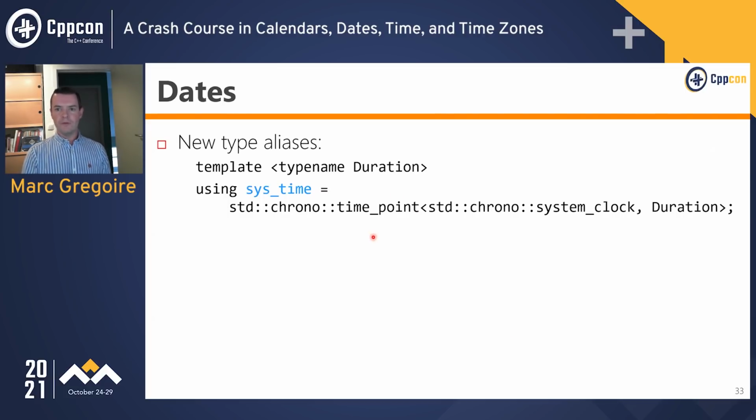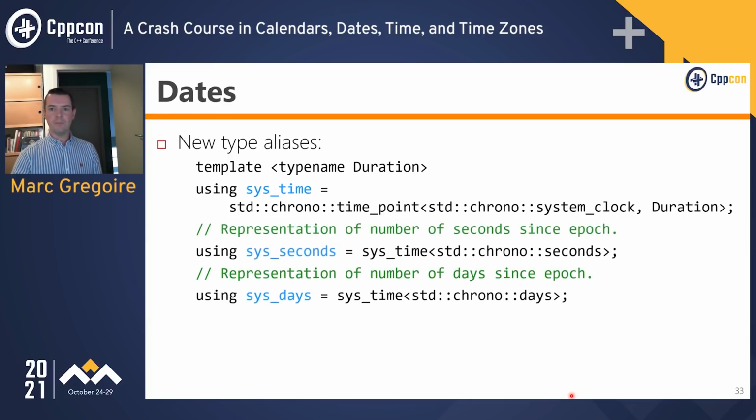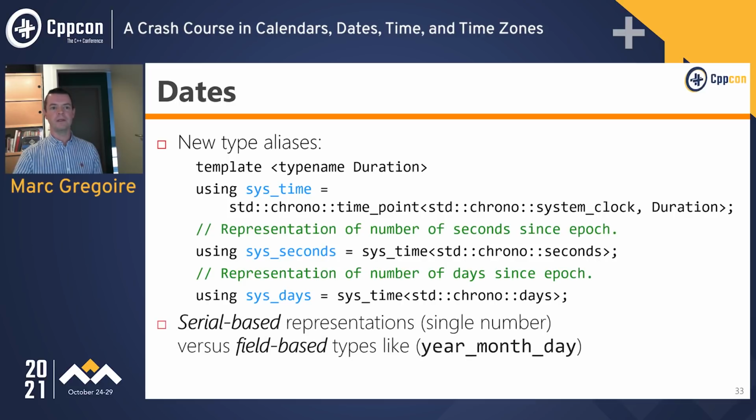C++20 added a couple of new type aliases. So it added sys_time, which is a type alias for a time point of a system clock with a certain duration. And 2 additional type aliases are defined to represent a system time with a precision of seconds, first one, and a precision of days. So these are all serial types.